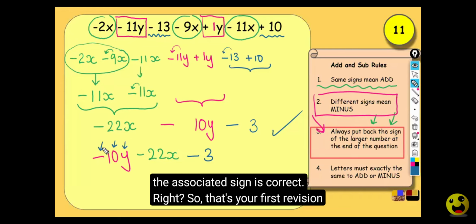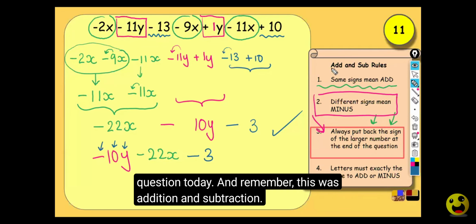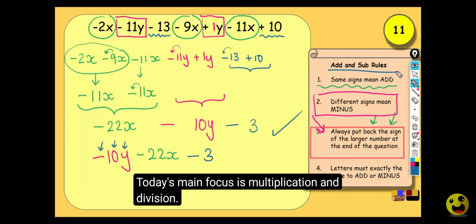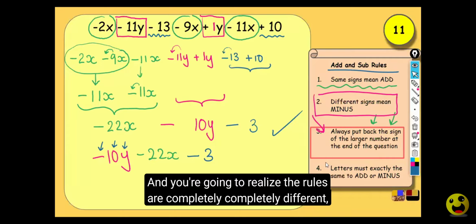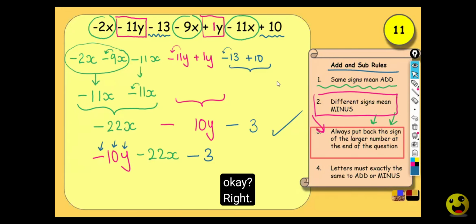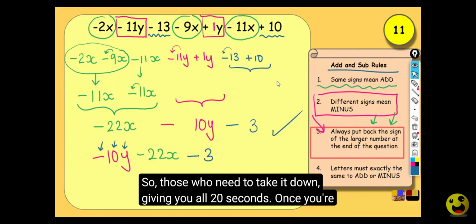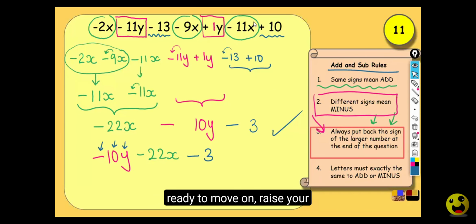Right, so that's your first revision question today. And remember, this was addition and subtraction. Today's main focus is multiplication and division. And you're going to realize the rules are completely different. Okay? Right. So those who need to take it down, giving you 20 seconds. Once you're ready to move on, raise your hand.